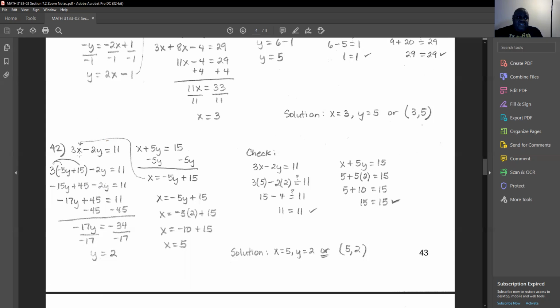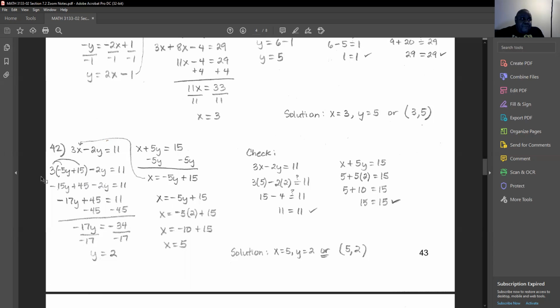And now this is where I can use the substitution. My other equation is 3x minus 2y is equal to 11. Here I can substitute that x in that equation with negative 5y plus 15. So I'm going to have 3 times, in parentheses, negative 5y plus 15, and then minus 2y equals 11.